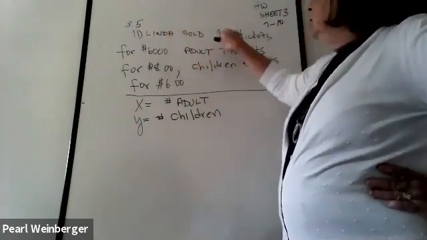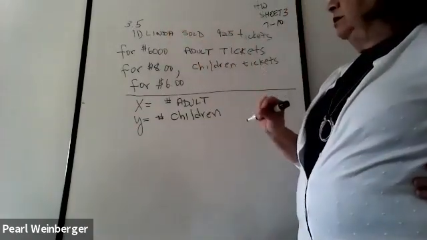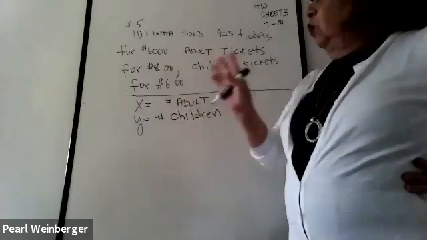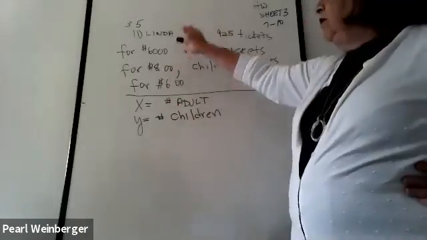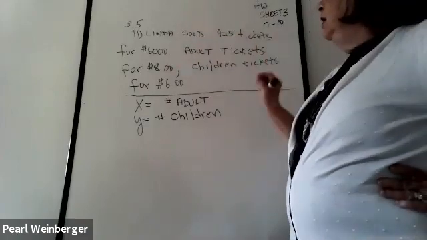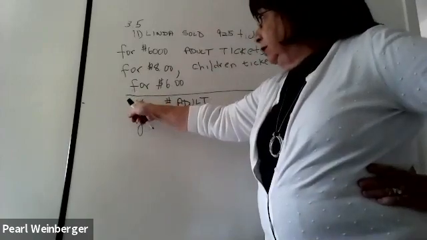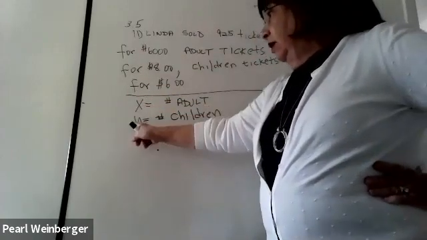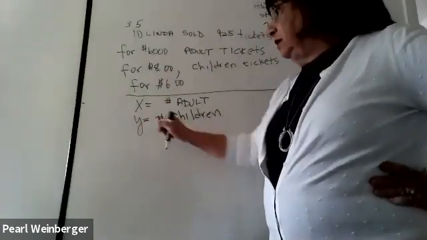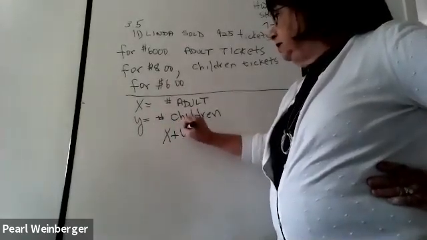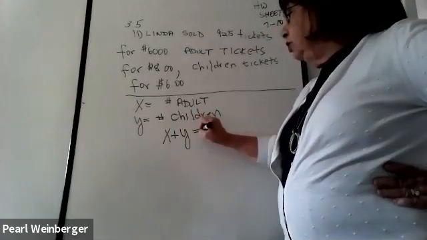Now, let's go back to the facts, and let's take it slowly. Linda sold 925 tickets. Stop right there. That's one idea. What equation can I write from the fact that Linda sold 925 tickets? Well, if X is how many adult tickets she sold, and Y is how many children's tickets she sold, then X plus Y, the sum of them, is how many she sold altogether.